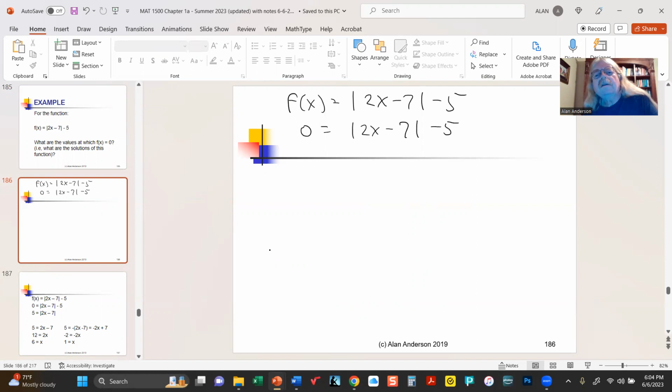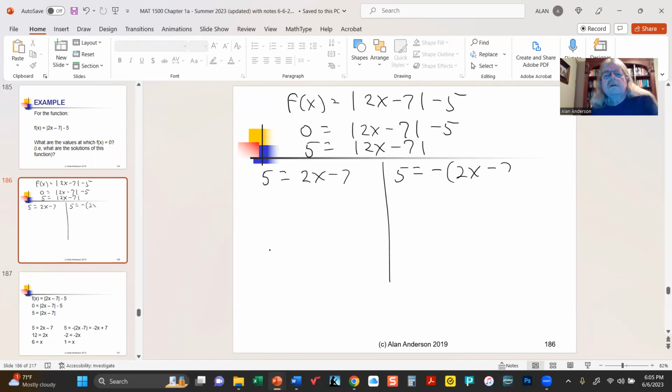Get everything on the left-hand side that is not inside the absolute value sign, because it'll be a lot easier that way. In other words, try to get everything on the left-hand side. So isolate the absolute value term. Now, what we have to do is write it out like this. And then we just solve it the normal way.